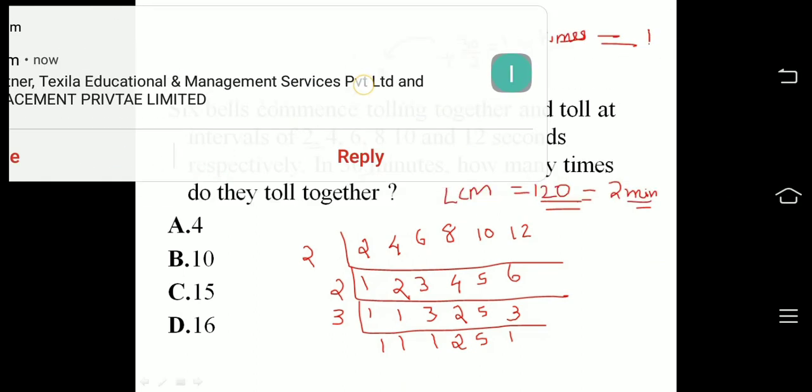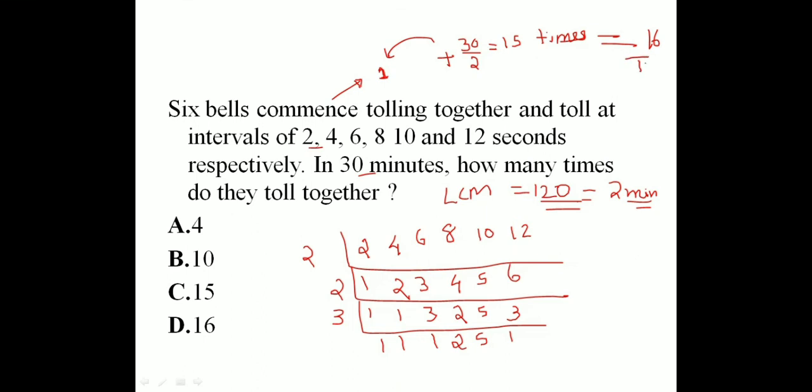So what is the answer here? Initially all the bells rang together once, and in the 30 minutes they ring together 15 more times, which means 15 plus 1, final answer is 16 times.